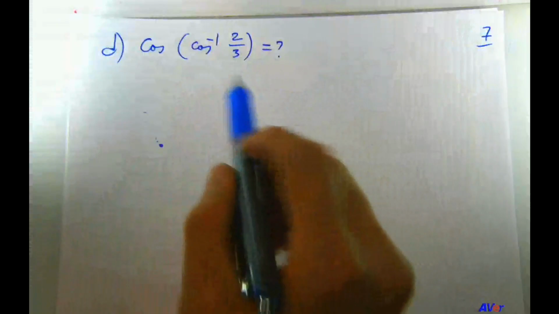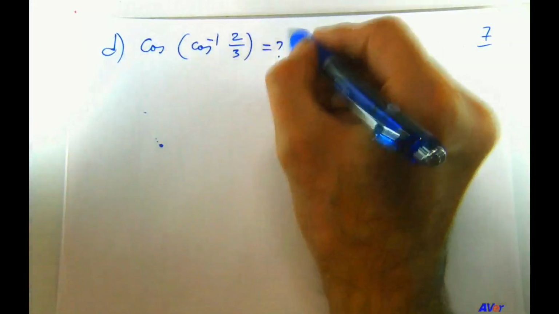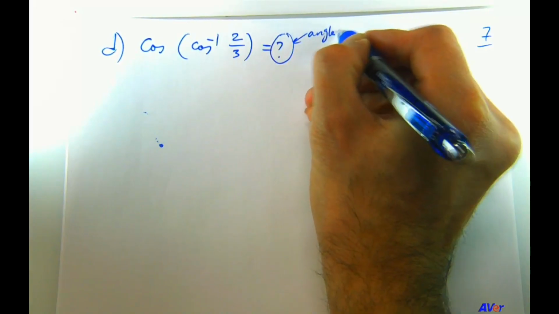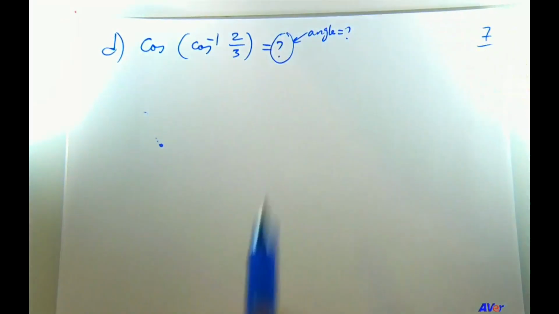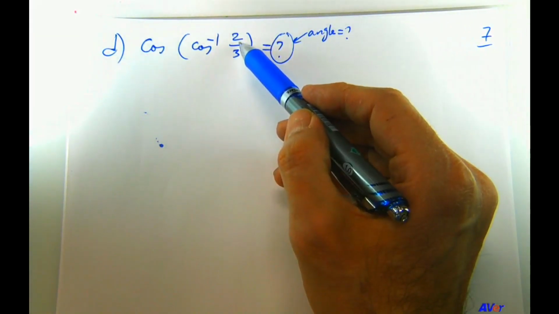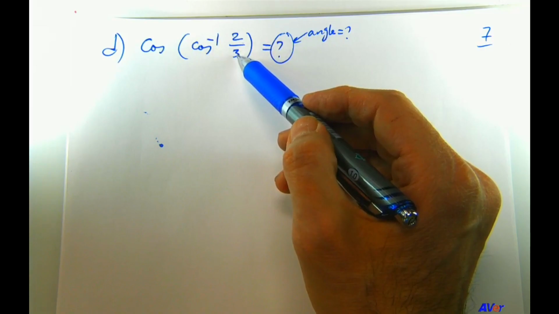Notice that we're looking for an angle. This question mark is an angle which we're looking for, and this number 2/3 is slightly less than 1, right?